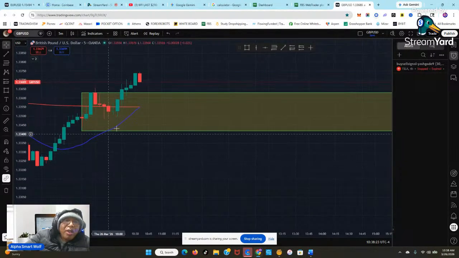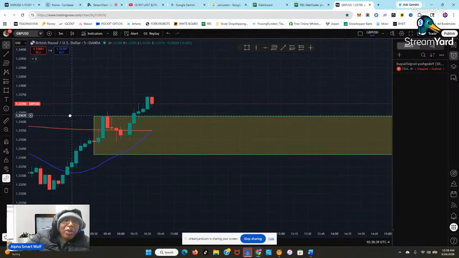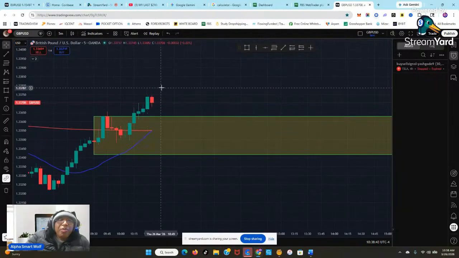Okay, so it broke out, it went up. If we get an engulfer, so it broke out going up, and it's giving a red candle here.